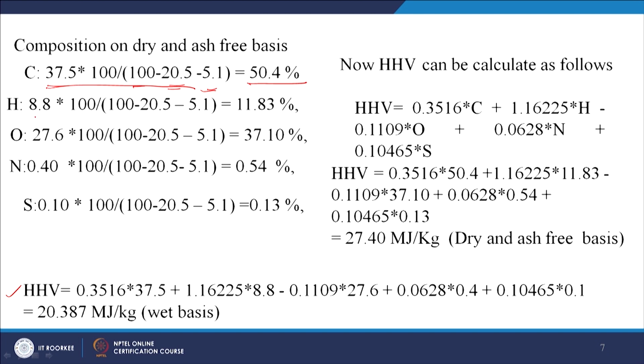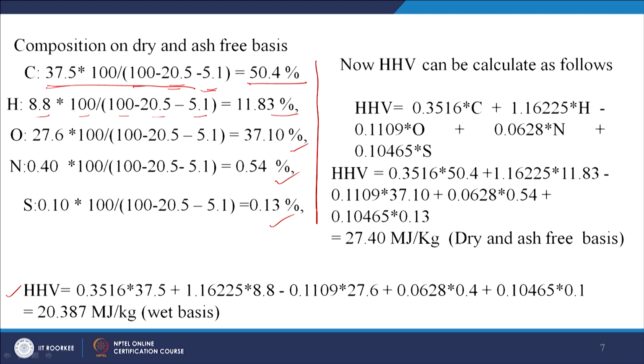Similarly, hydrogen will be 8.8 into 100 by 100 minus 20.5 minus 5.1, that is equal to 11.83%. Similarly, oxygen is 37.10%, nitrogen is 0.54% and sulfur is 0.13%. Now, we have the composition of different elements on dry and ash-free basis.